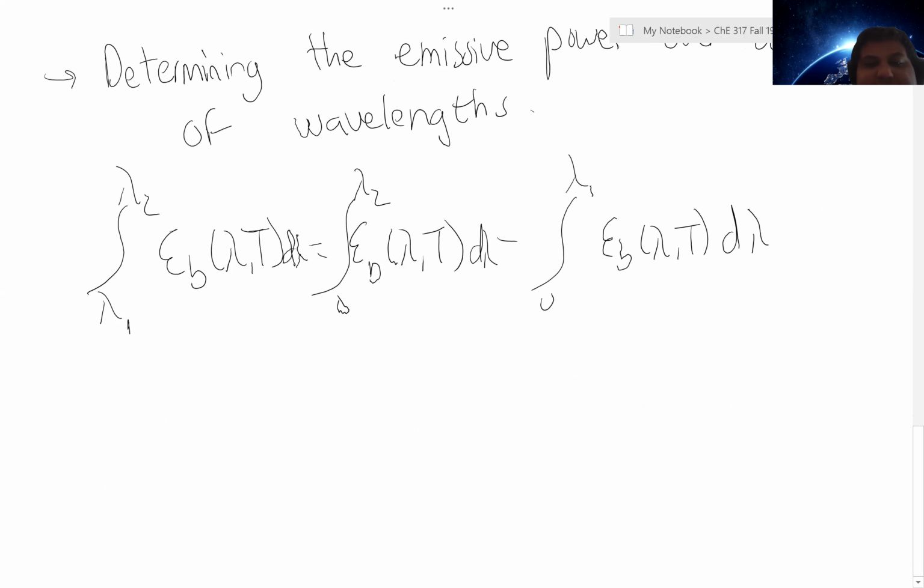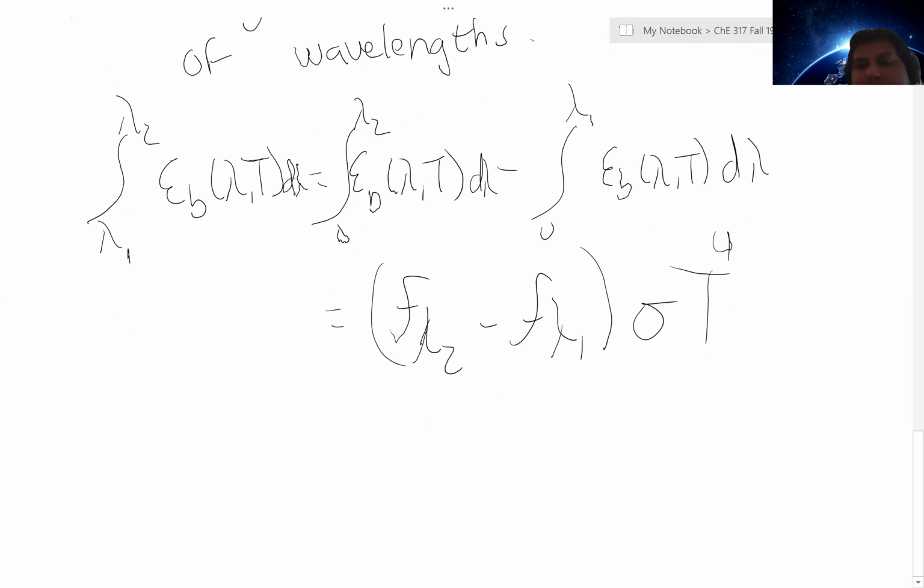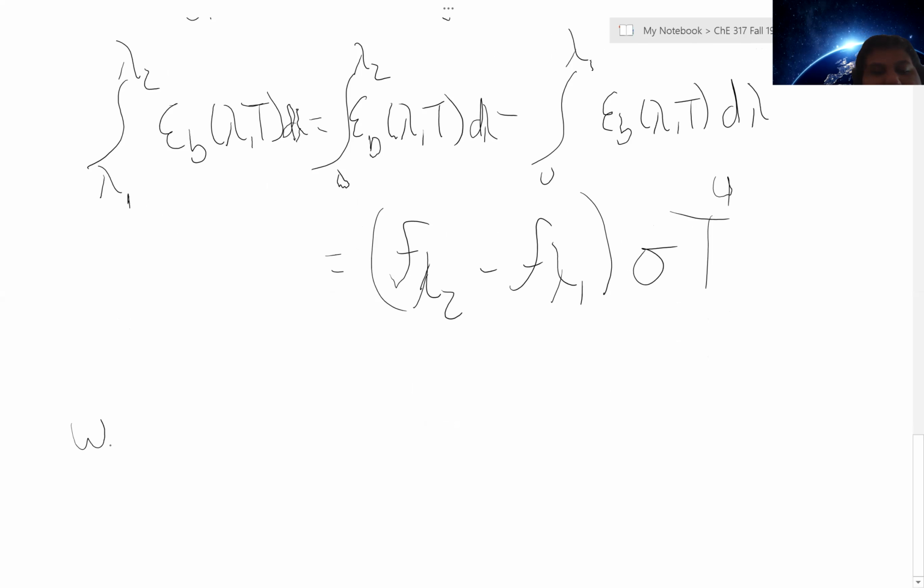And what that gives us is what's known as the emergence of what we call radiation functions. So what we say this is essentially F of lambda 2 minus F of lambda 1 times sigma T to the fourth, where F of lambda_i is a radiation function.